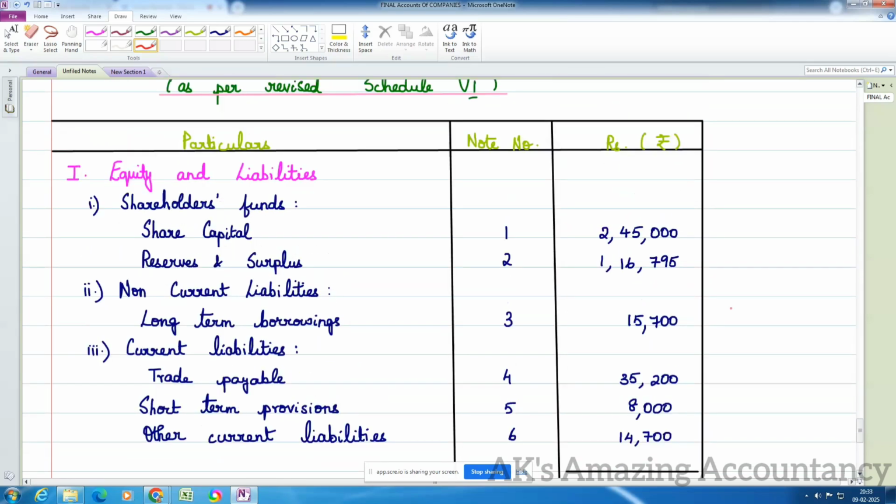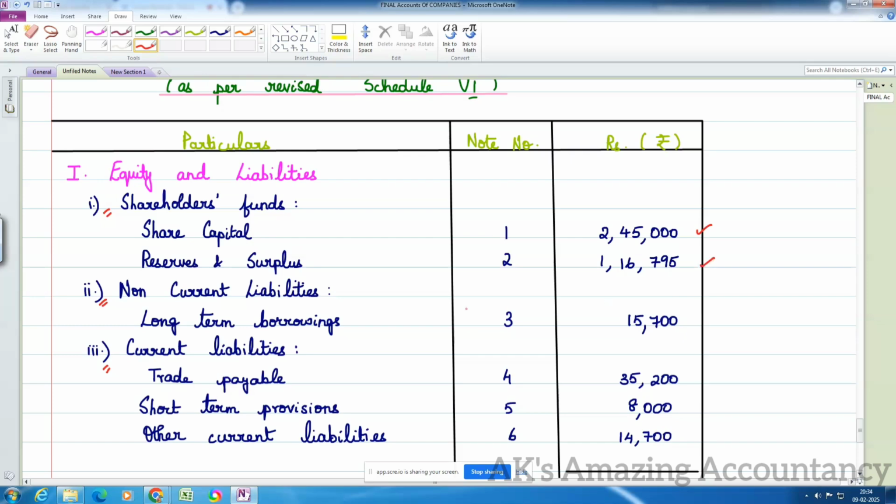Okay. So under the main heading equity and liabilities, we have three main items. One is shareholders funds, the other one is non-current liabilities, and the third one is current liabilities. Under shareholders funds, first we will enter share capital, the total of note 1, 2,45,000. Then we'll be entering the total of note 2, that is reserves and surplus, that is 1,16,795.